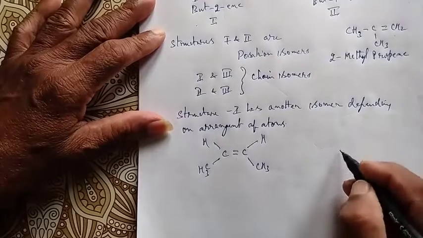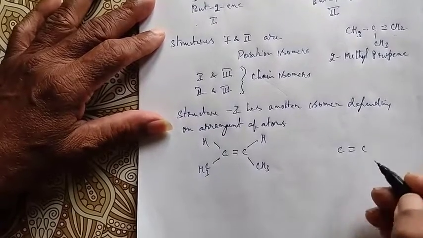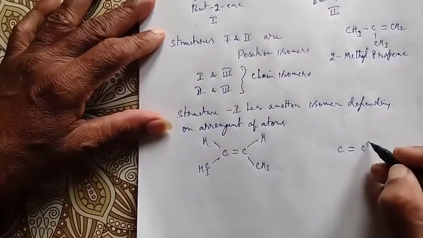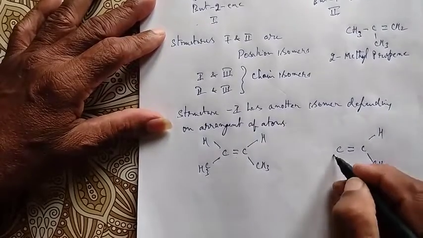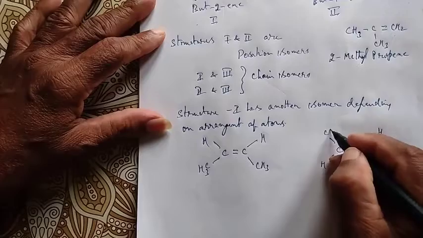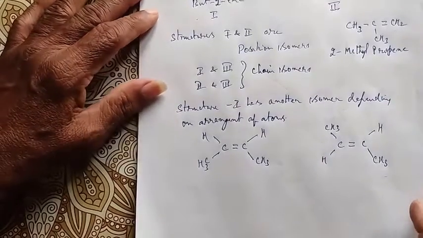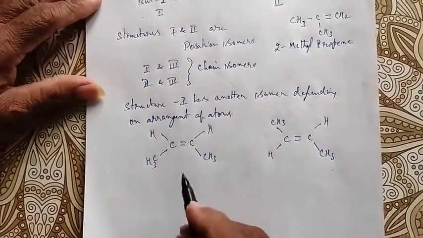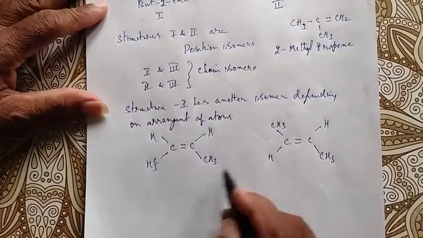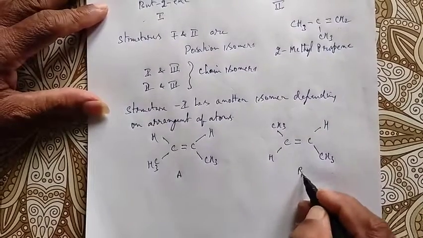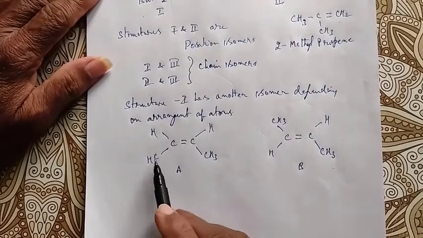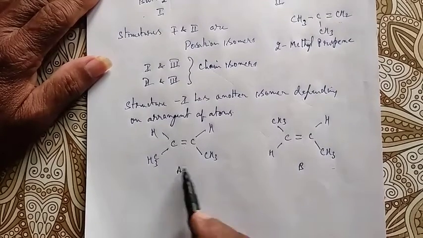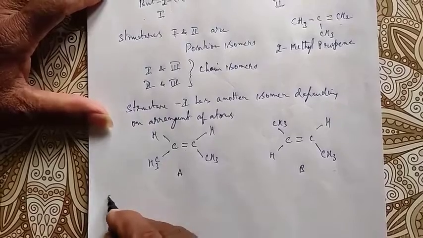Now for another arrangement, the molecular formula is the same: H and CH3 on the second carbon, and here hydrogen and CH3. So here two structures are possible. This is structure A, this is structure B. In structure A, the same groups or atoms are on the same side.